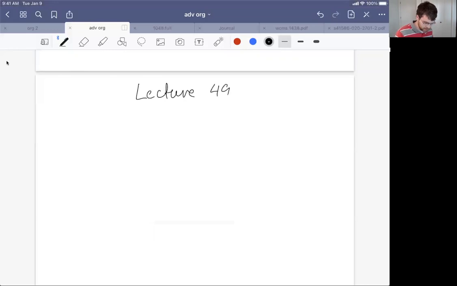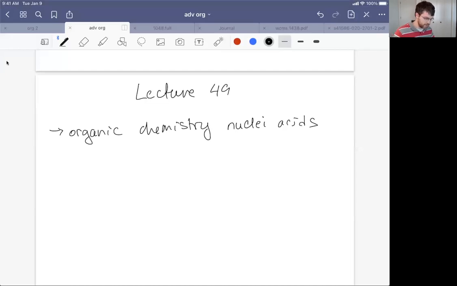So we are looking at the organic chemistry behind nucleic acids. Okay, so this class of biomolecules. And before we get into it, let's break down the difference between some of the building blocks.